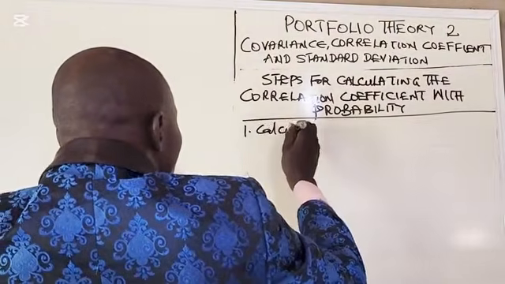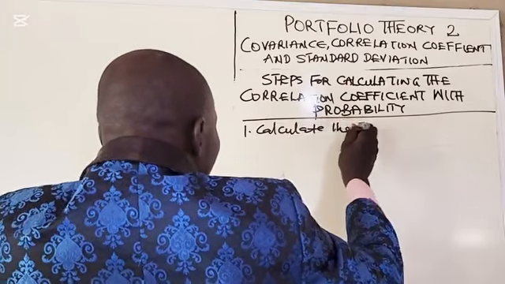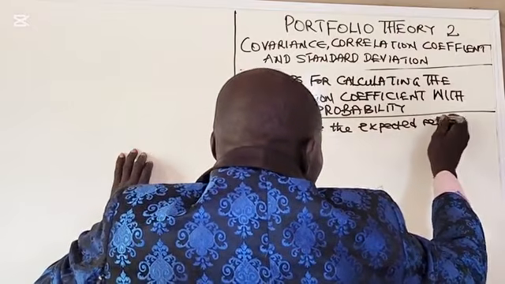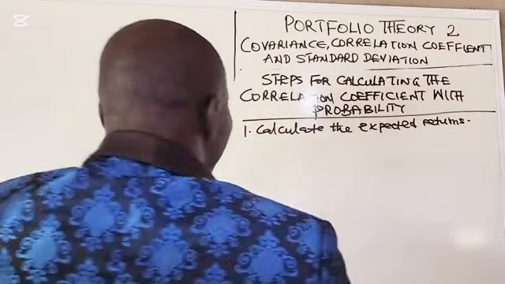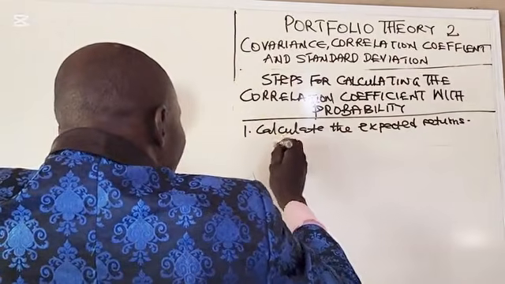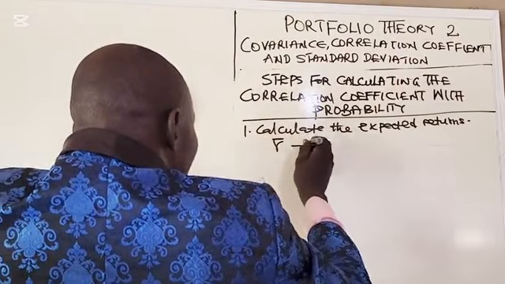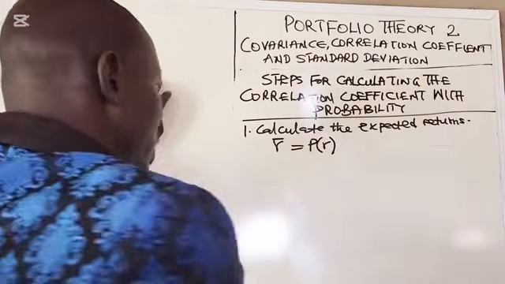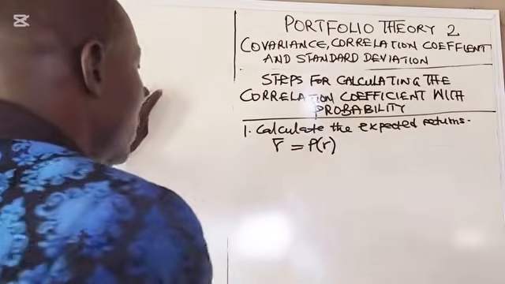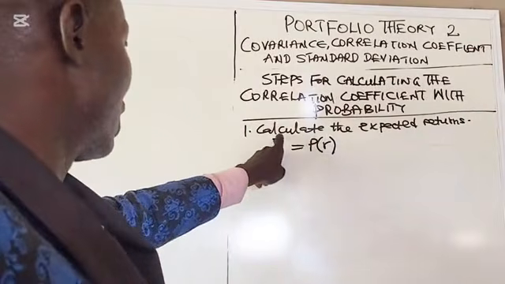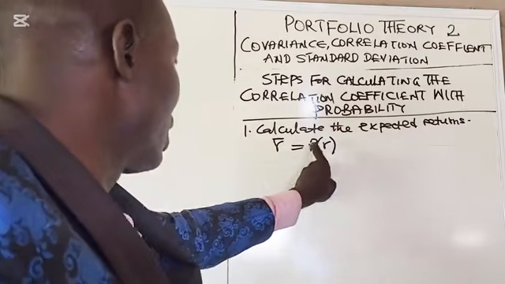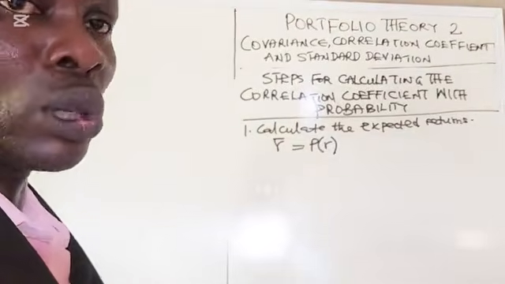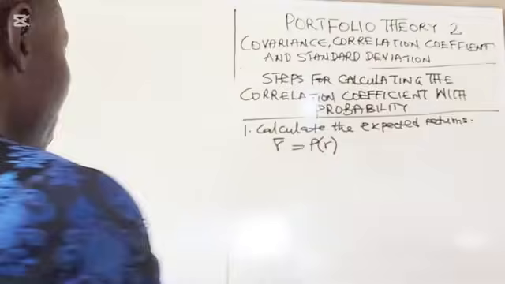Remember, I've told you that expected return of a security equals probability multiplied by the return of the security. So the first step is to calculate the expected returns.